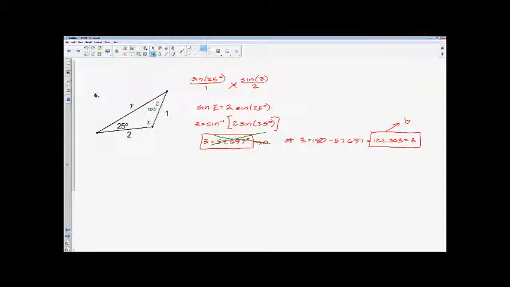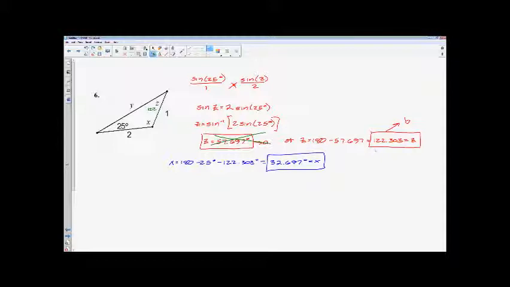I'm going to solve for x the same way as on the last problem, subtracting from 180. So x is 180 minus 25 minus 122.303. I have that stored in my calculator, so I'll just type in 180 minus 25 minus b, and that gives me an angle of 32.697 degrees. So there's my angle for x.